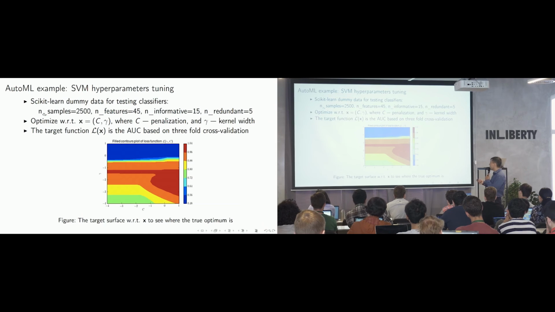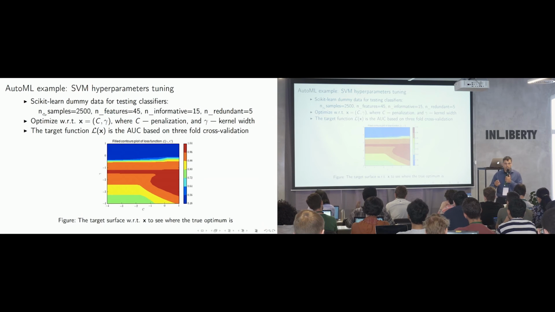As a target function, we optimize the accuracy on the ROC curve, and this accuracy is estimated using three-fold cross-validation. Because of that, even with this not very big classification problem, it is quite time consuming.